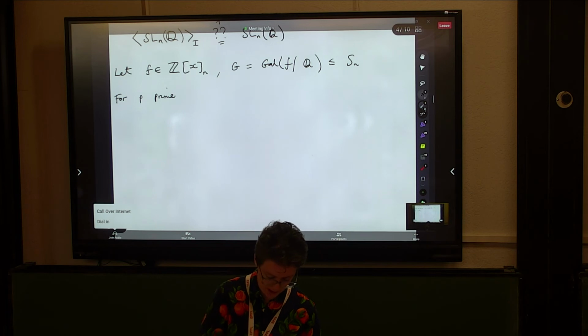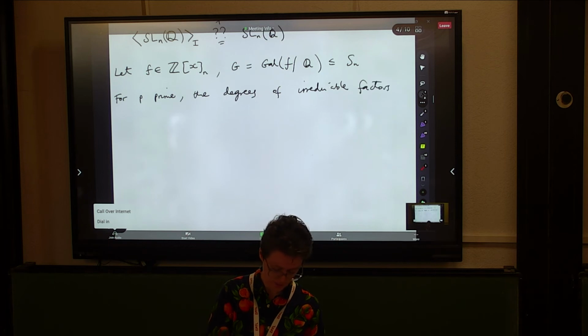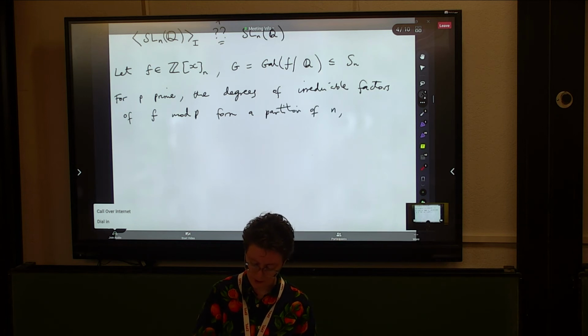So the degrees of irreducible factors of F modulo p, they form a partition. And we're going to call it lambda_p.